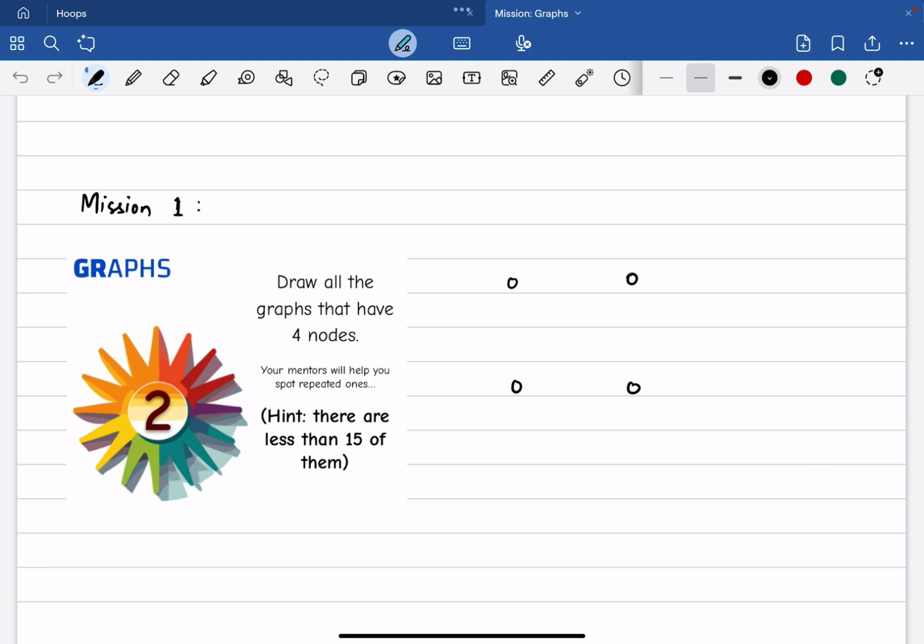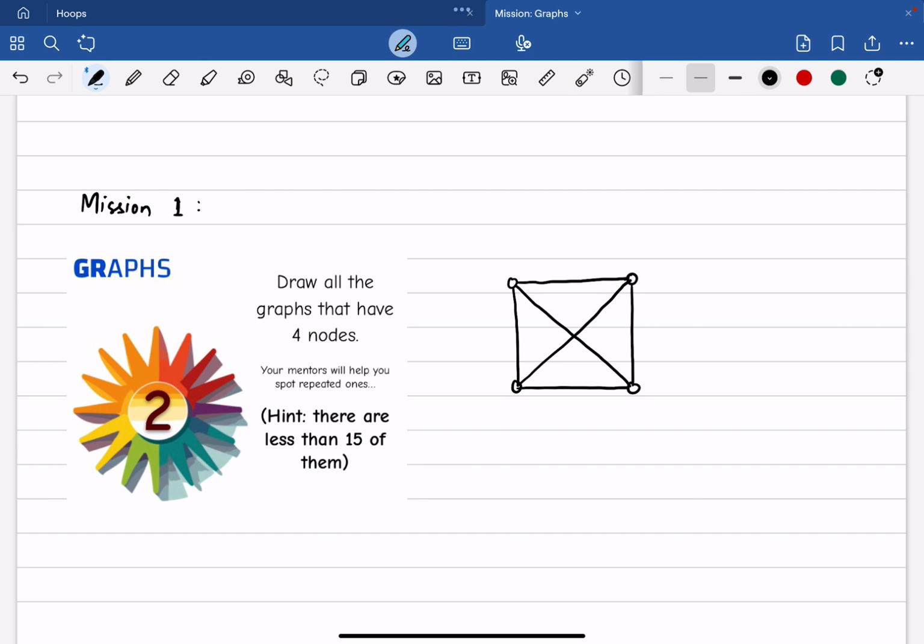So the maximum number of edges in a 4 node graph would be the number of edges I can draw so that each pair of nodes is connected. So let me connect every pair of nodes possible, and connect these two. And now the only ones that are not connected are the top left and bottom right. So let me connect those as well.